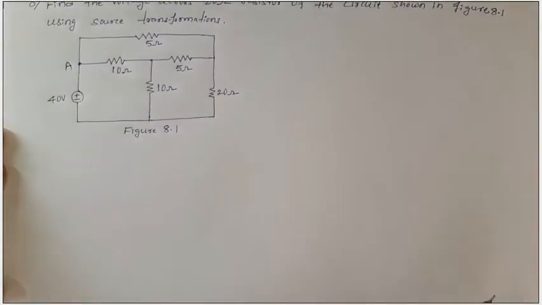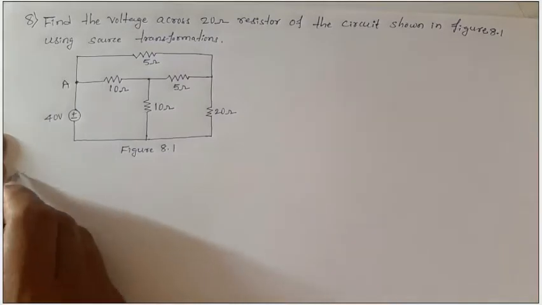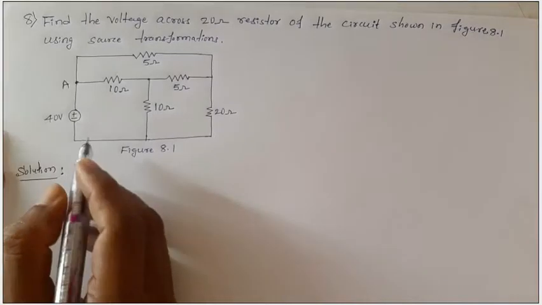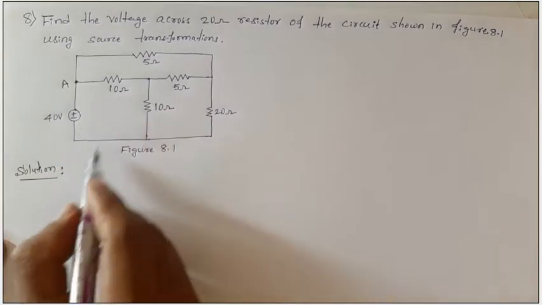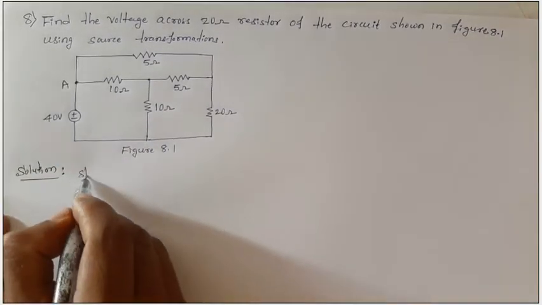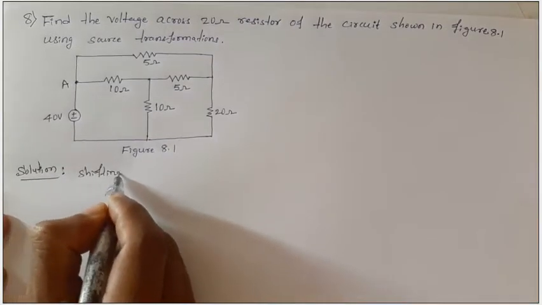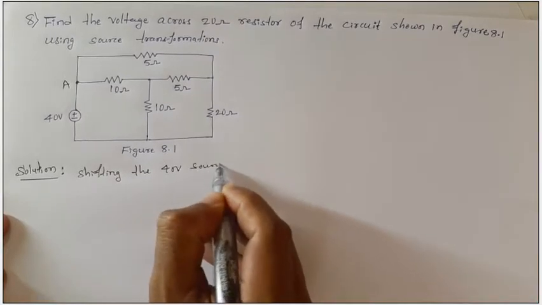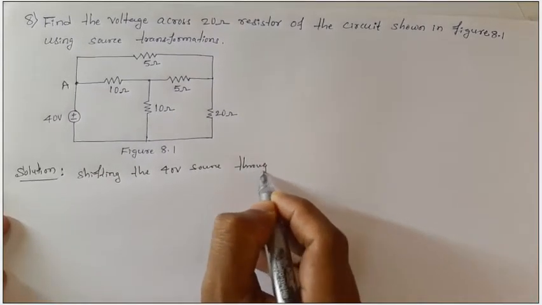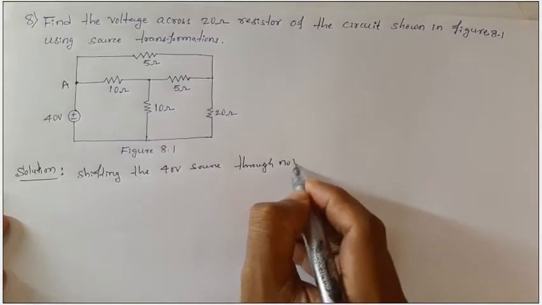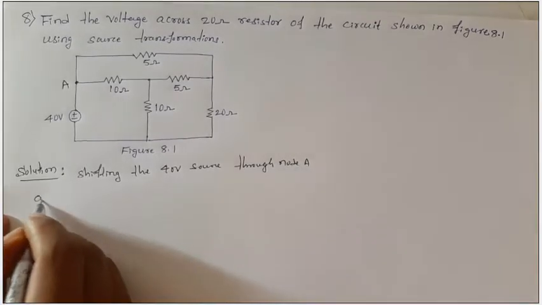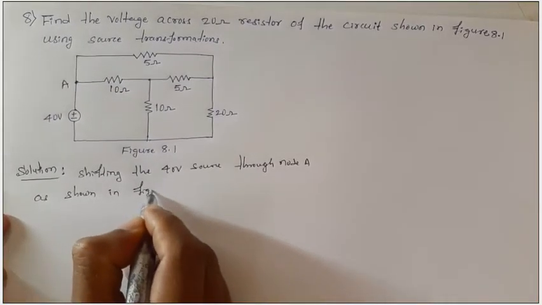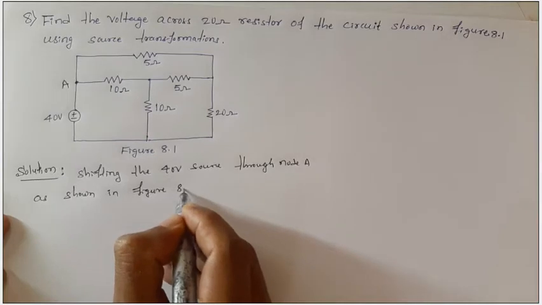So let us start the solution. First I'll write, shifting the 40 volt source through node A as shown in figure 8.2.